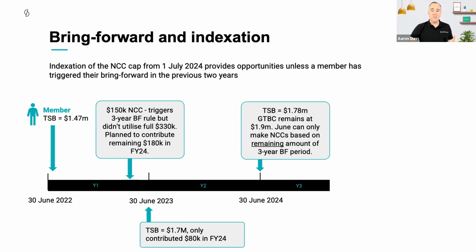So they made $150,000 NCC, and because it was greater than $110,000, they in essence triggered that 3-year bring forward period. But as we know, they haven't utilized the entire amount of 330,000, so they can utilize that additional 180,000 over the remaining 2 years, but subject to their total superannuation balance falling within the allowable thresholds. And we did see during that period a TSB change from 1.7 to 1.9 at that point in time.